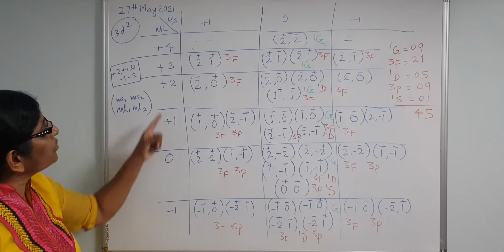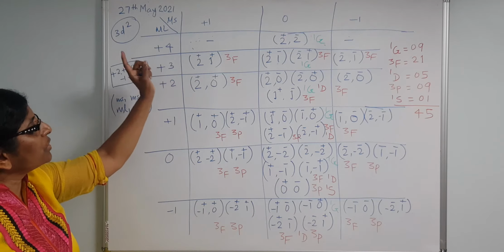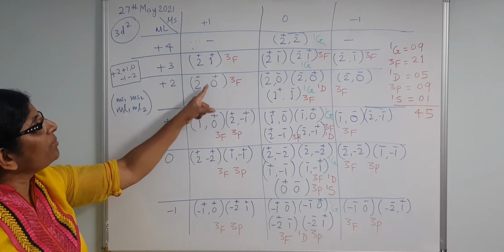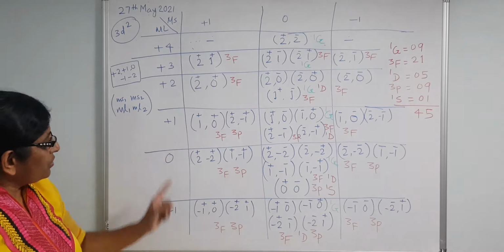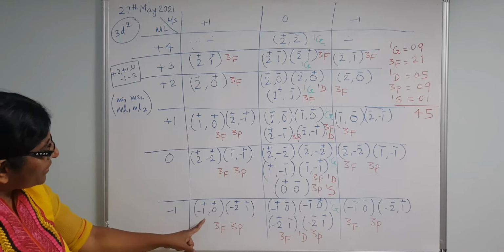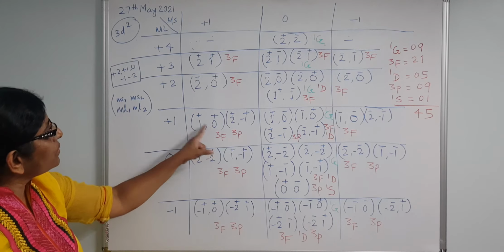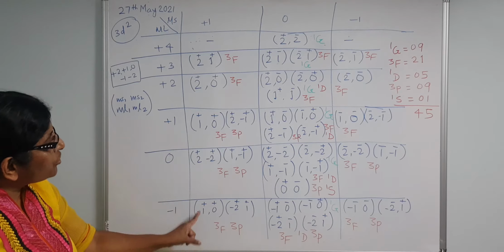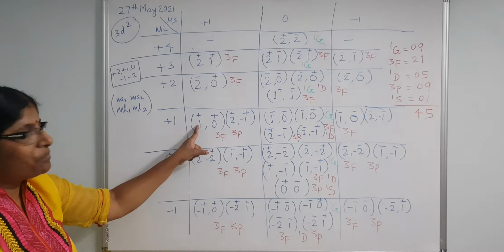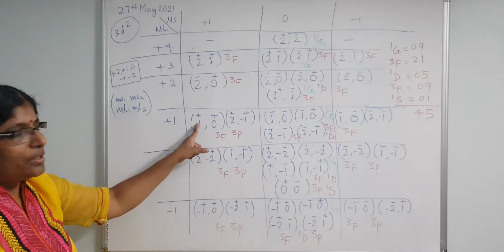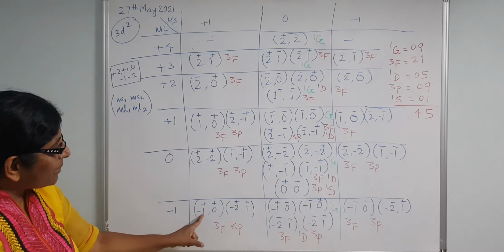After minus 1 you have to write minus 2, minus 3 and minus 4, and you have to just change the sign of ml values, that means numbers. So see, for example, minus 1, how I have written: plus 1 was 1, 0, 1 plus 0 plus 1. You have to just change the sign of this ml value, so it will come minus 1.